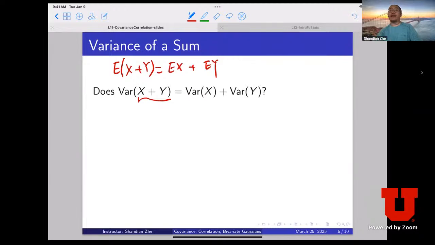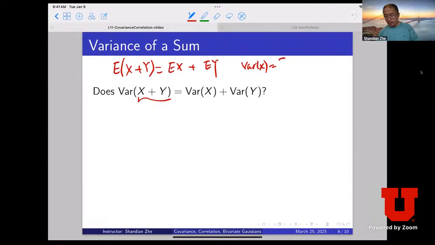Yes, exactly. You hit the point, right? When we take the expectation of a function, only when the function is linear can we do a linear decomposition, right? But the variance is an expectation of a nonlinear function.